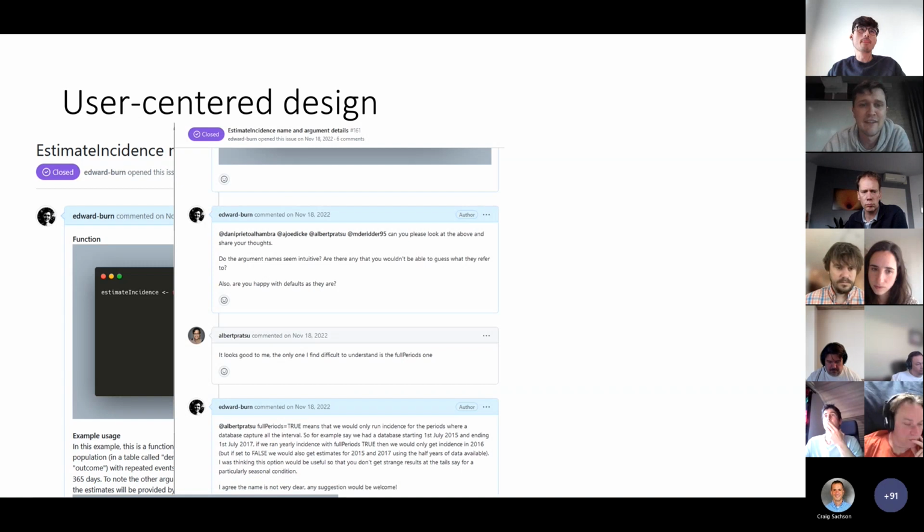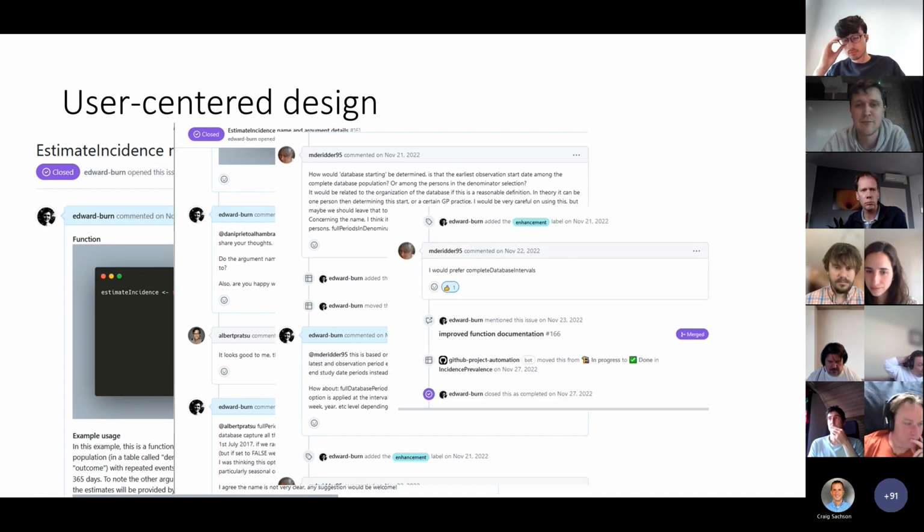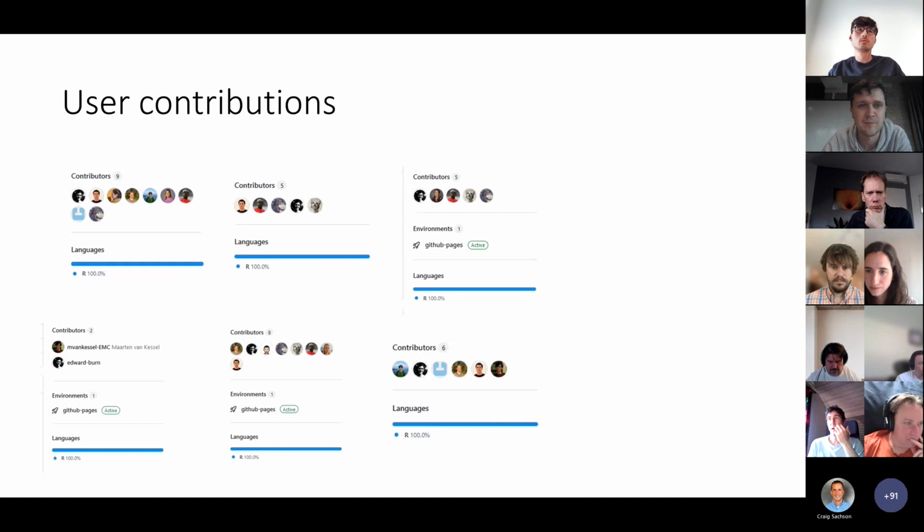It was getting some feedback about whether the argument naming was intuitive or not, and whether there were any things that would be particularly unclear. Albert mentioned that there was one questionable one that I then explained, and then Maria came back with some more questions, and then we came to a better name that was more intuitive for everyone. I don't think we had thought of it initially, but hopefully we landed on one that was far more intuitive to the user that would be using the software.